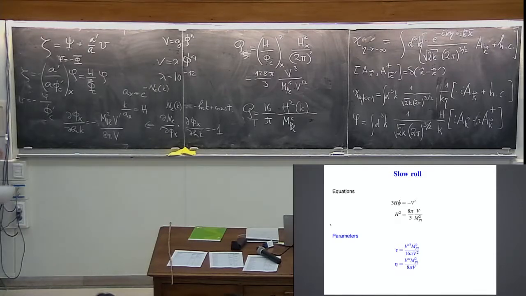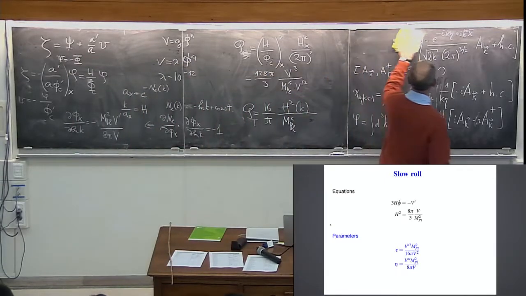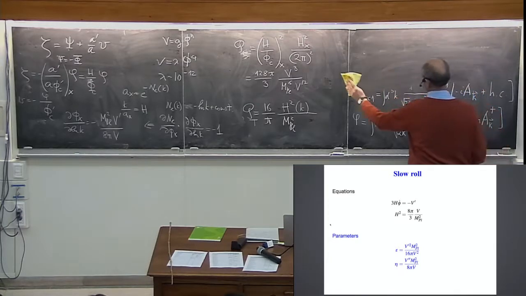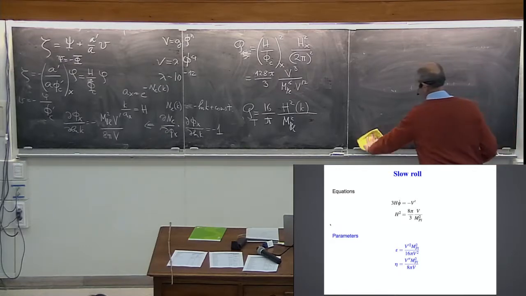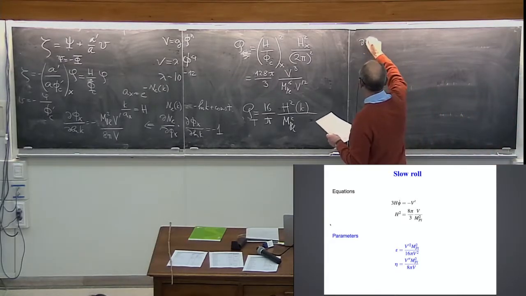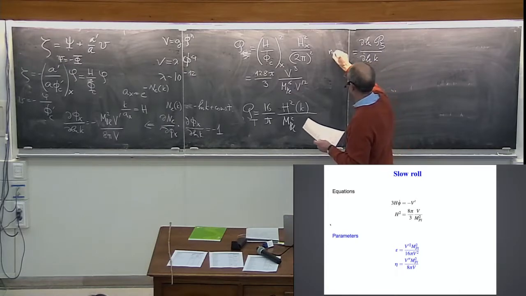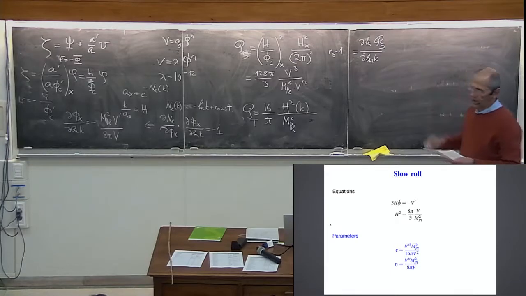So with this, we immediately calculate the tilt in the scalar spectrum, for example. Since what I want to calculate is d logarithm P zeta over d logarithm k, and this is nothing but n_s minus 1. Remember, we parameterized P as a power law of k to n_s minus 1.